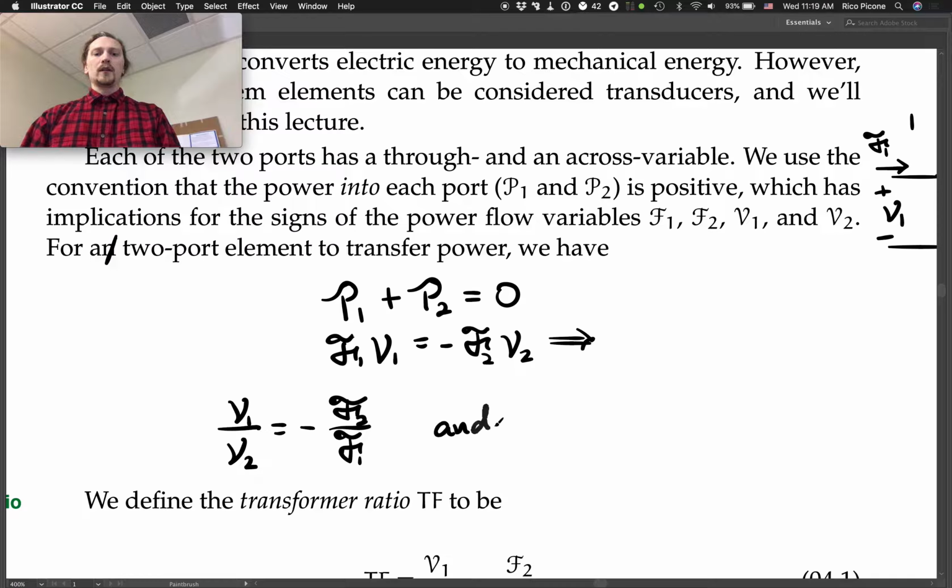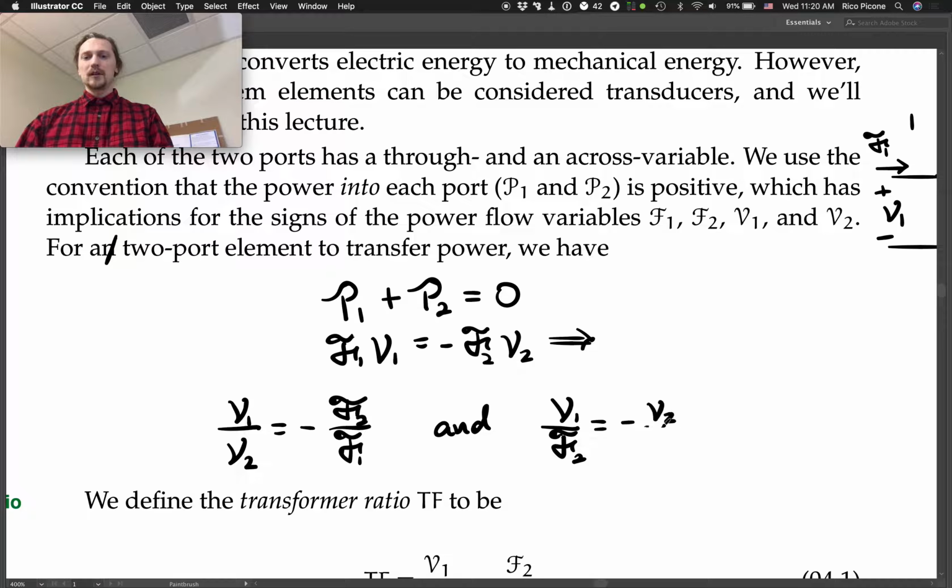And the other way you could write it, V1 over F2 equals negative V2 over F1.